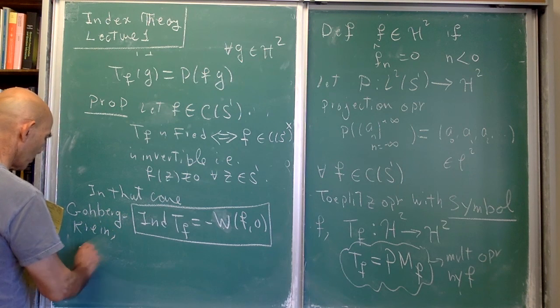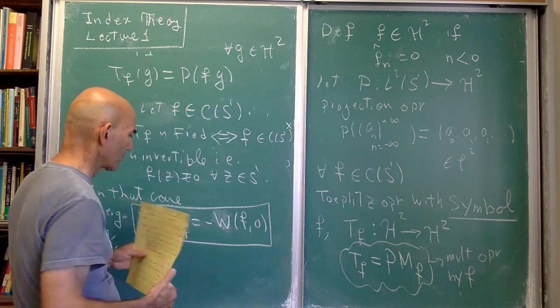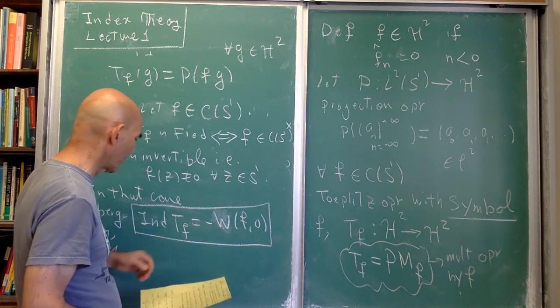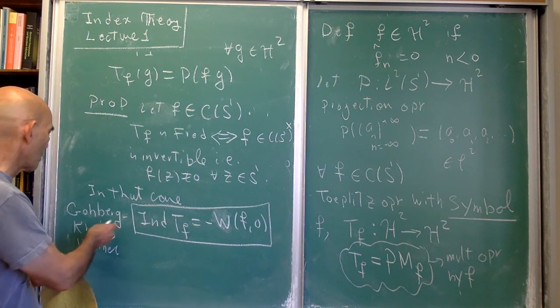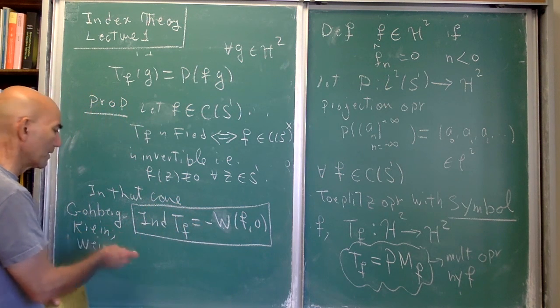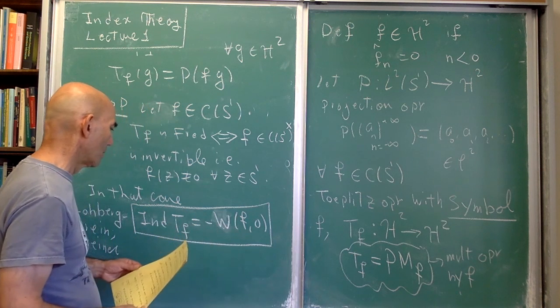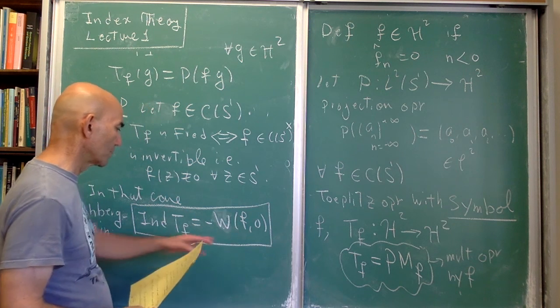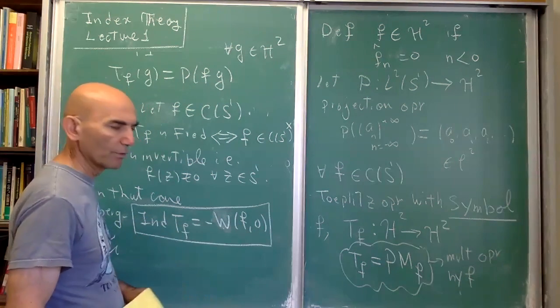There is also some attribution to Wiener. These operators in similar forms are sometimes called Wiener-Hopf operators. It's not exactly the same, but I think it's related. So the Gohberg-Krein or Wiener index theorem is this result that we want to prove next, with the winding number of F around 0. We'll look at this soon.